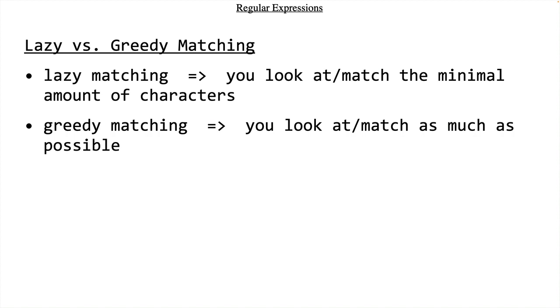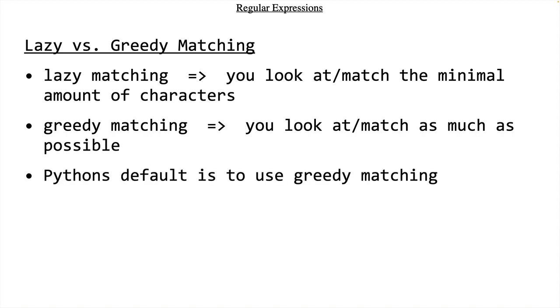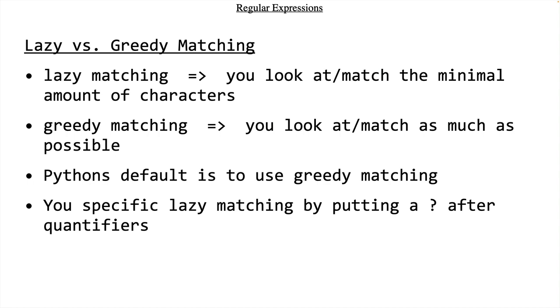So Perl changed their default regular expression to greedy matching, and then Python, when it was created, which a lot of things in Python are based on Perl, just started out with greedy matching because that's what most people want. Now, if you have a situation where you really want to do lazy matching, you can do that.